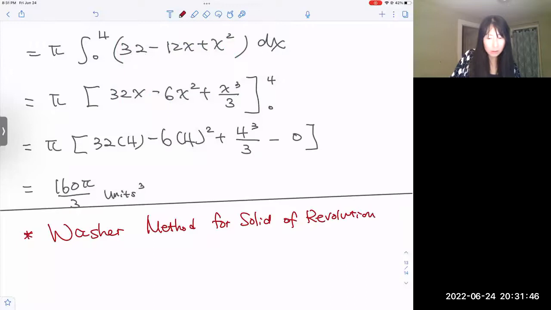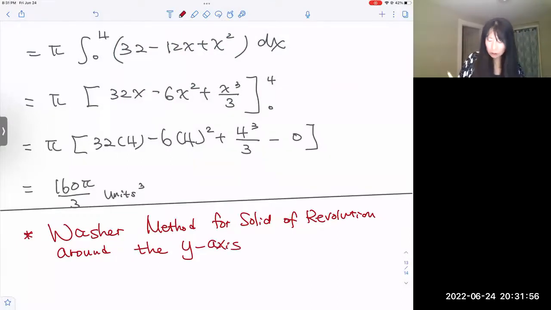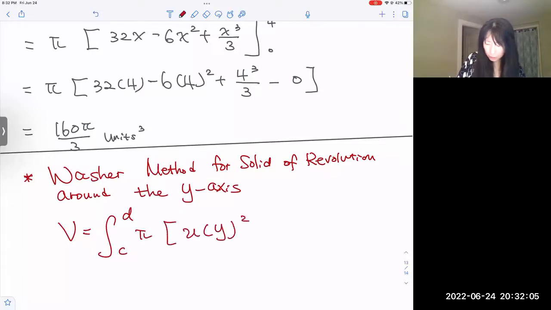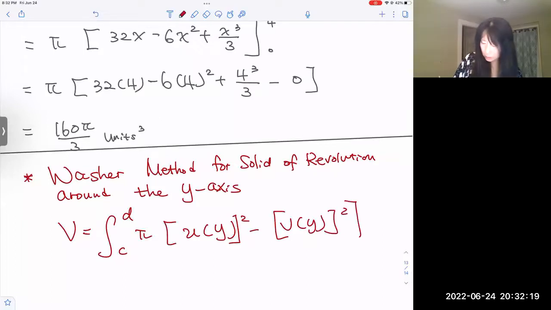Revolution around the y-axis. Okay, so let me make a short note. We have V equals pi integral from c to d of the outer radius squared minus the inner radius squared, dy.